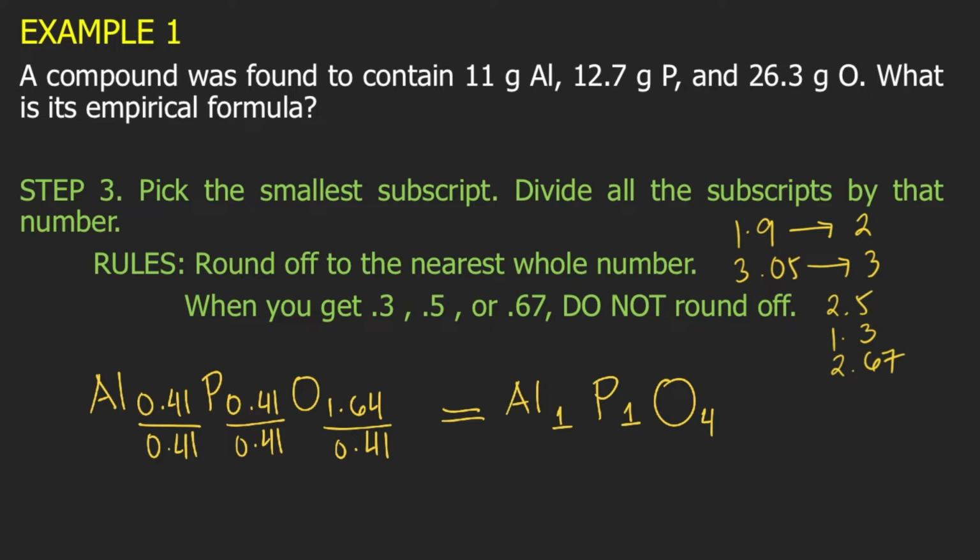In chemistry, once the subscript is 1, we omit it in the chemical formula. So the empirical formula is AlPO4. And this is the answer to example 1.